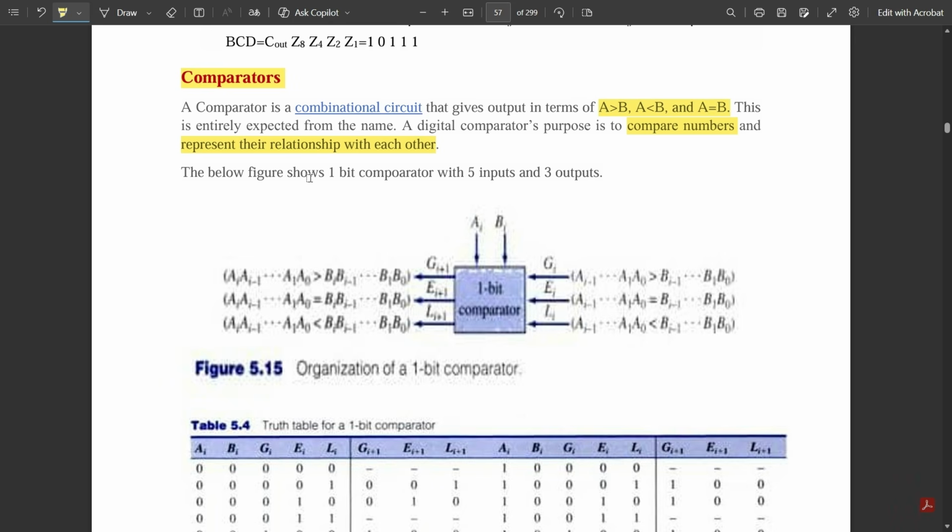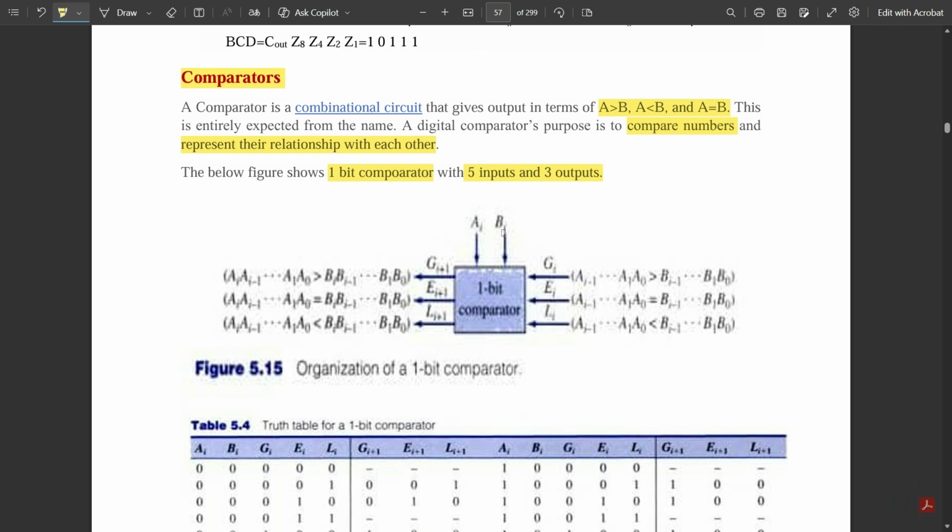So the below figure shows the 1-bit comparator with 5 inputs and 3 outputs. Okay, so it has 5 inputs and 3 outputs, which are the present stage and next stage outputs. You see here, this is the block diagram of a 1-bit comparator. It consists of 5 inputs and 3 outputs.